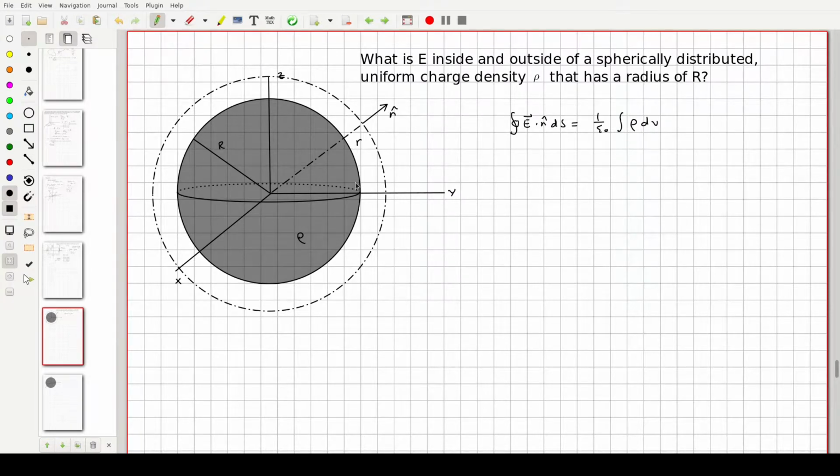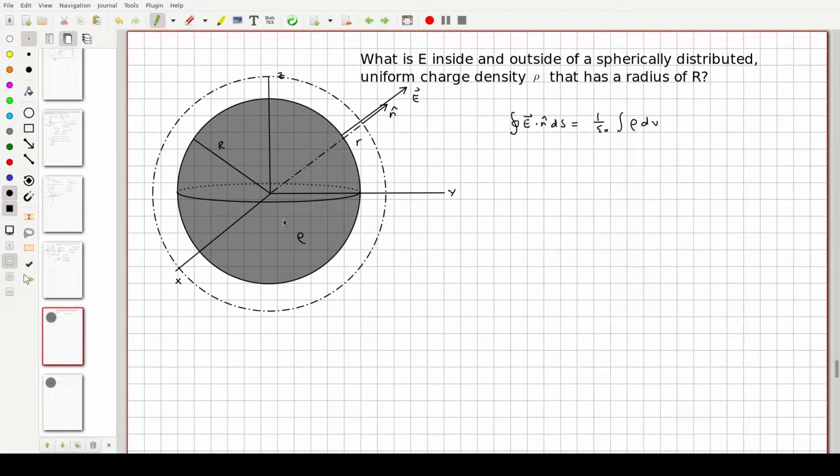It would point radially outwards as well. So not only is this the direction of out, but this is also the direction of the electric field. It also makes sense that on a surface centered on the center of my charge distribution, the electric field on the surface is constant in magnitude.